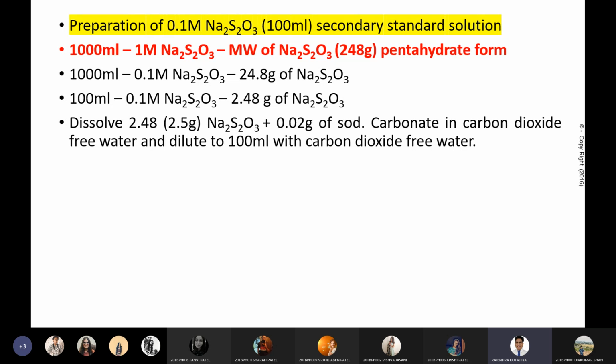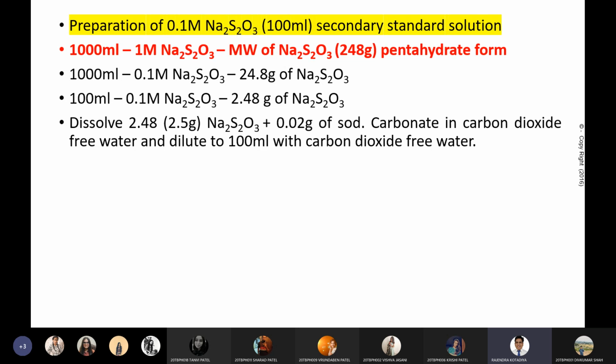Why is it so? It is just to avoid the reaction between sodium thiosulphate and carbon dioxide present in water. So that the reaction between the two does not happen, extra sodium carbonate is added here.